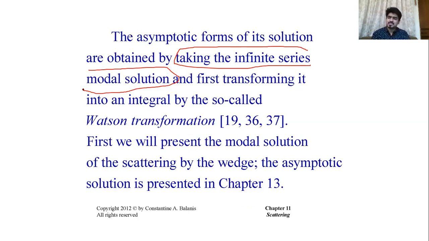And that's what we will do even for this case. And then what we do is we transform that infinite series of modal solution into an integral by the so-called Watson transformation.